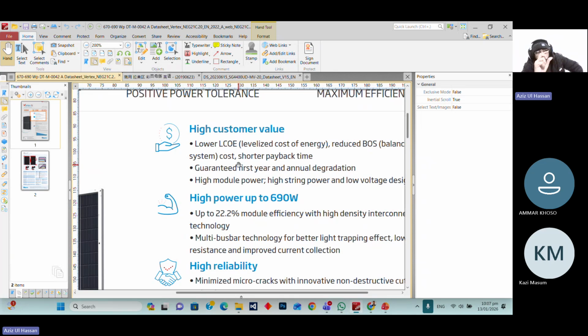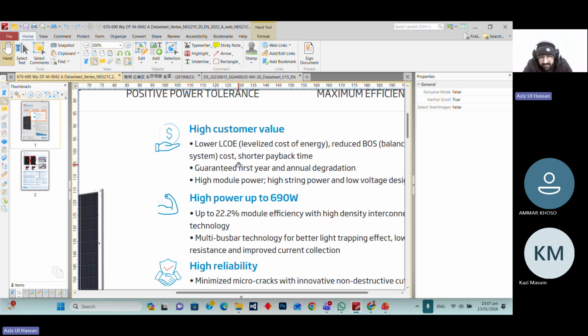Basically, I'm saying that a P-type PV module will decrease 2% in the first year, meaning their LID factor is around 1.6%. Their LID factor is higher than the N-type PV module because the efficiency of the N-type is higher.